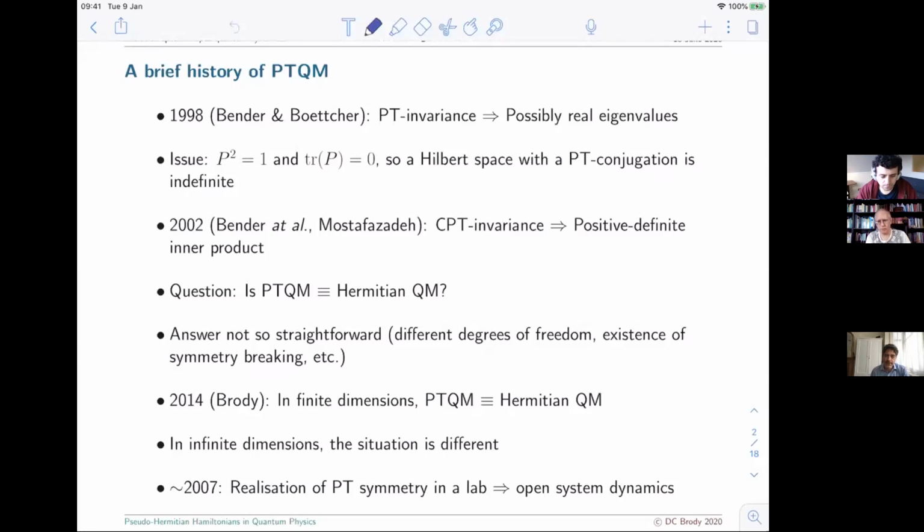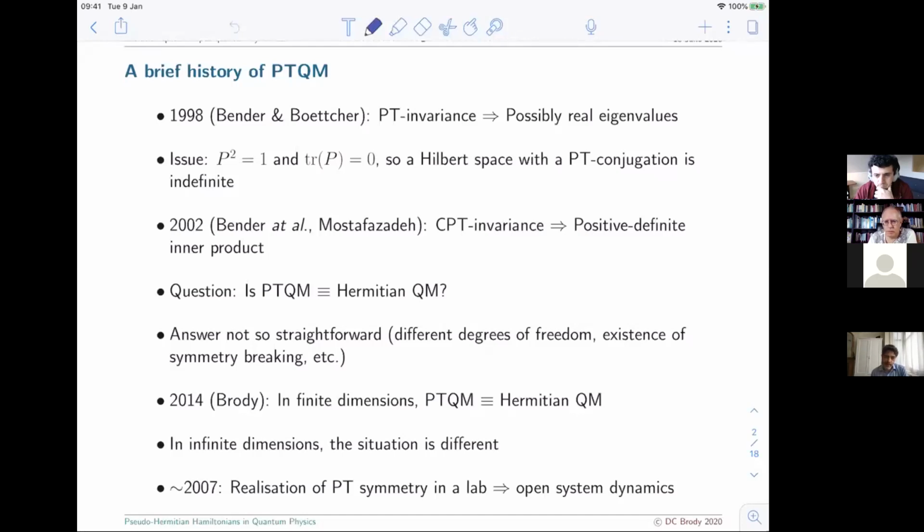Whereas if you want to replace that with a PT conjugation to determine the inner product, then the parity operator, being Hermitian, squares to 1 and trace being 0, the eigenvalues of the parity operator, plus 1s and minus 1s, come in the same number. And therefore, the inner product becomes indefinite.